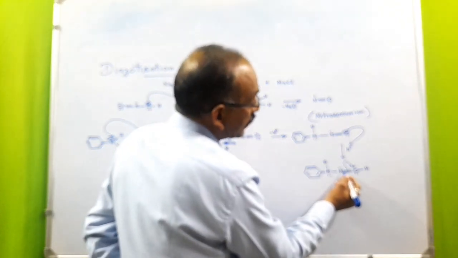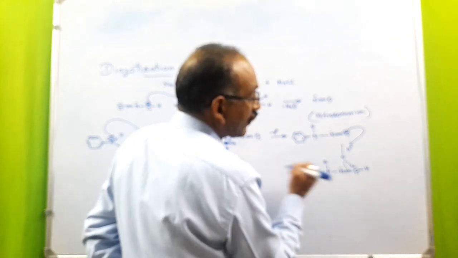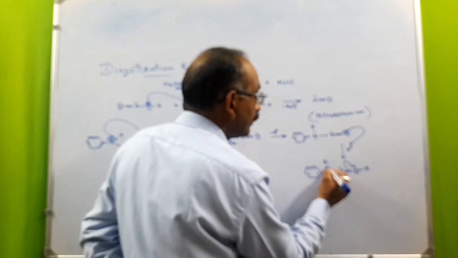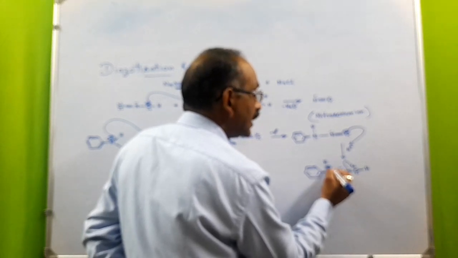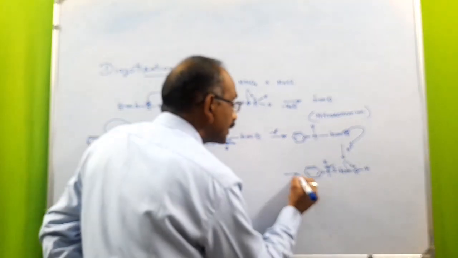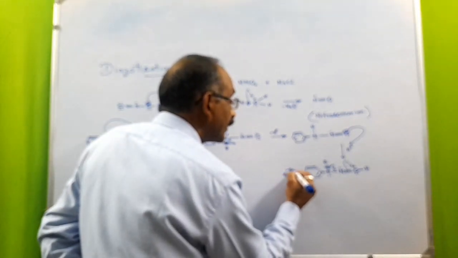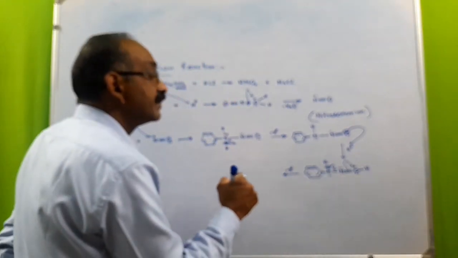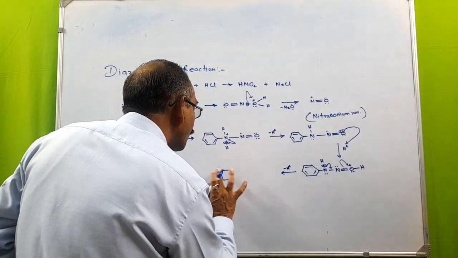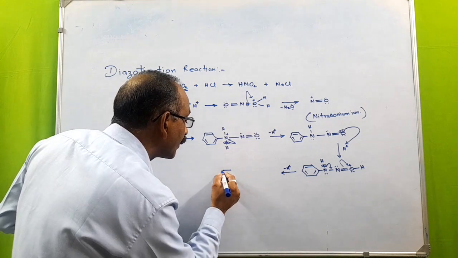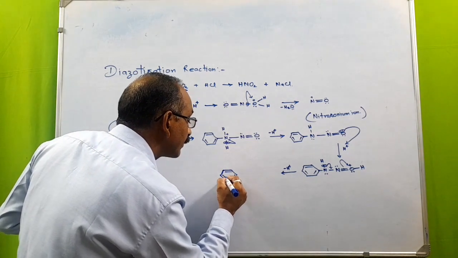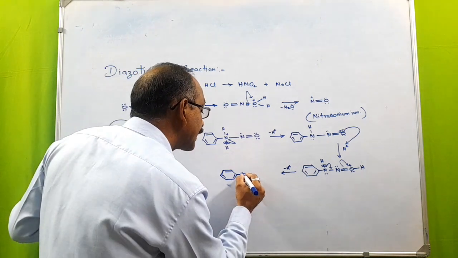This results in the nitrogen becoming electron deficient, with a positive charge. To compensate the deficiency of this nitrogen, the electron pair of this NH bond shifts in between the two nitrogens, making this hydrogen free as a proton, and thereafter we'll get, here, nitrogen.